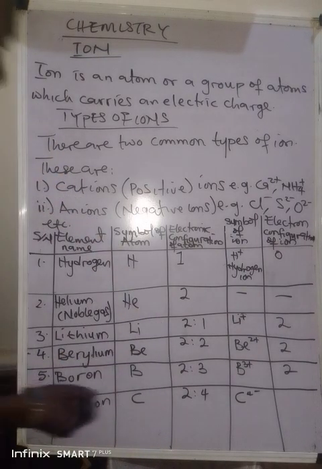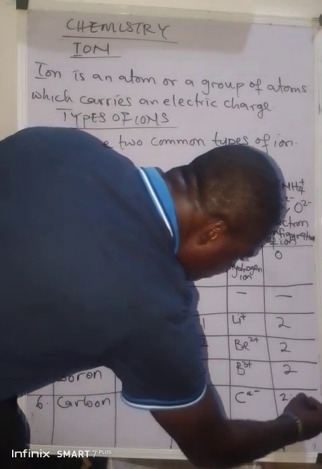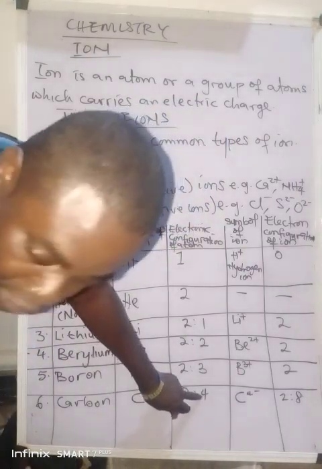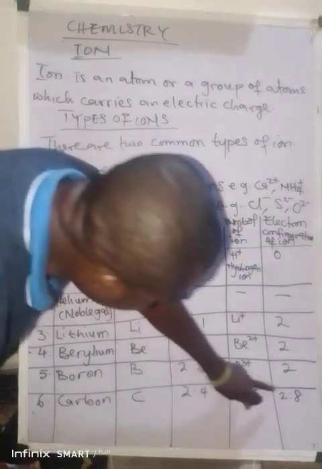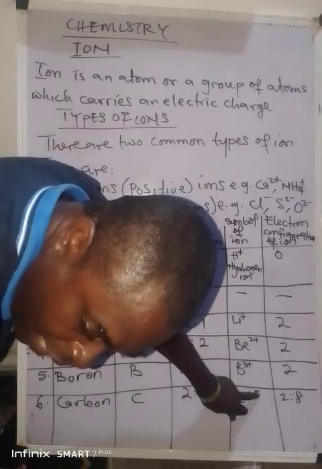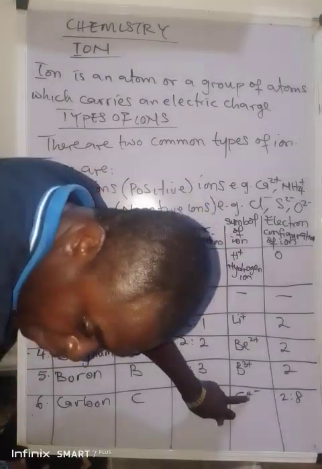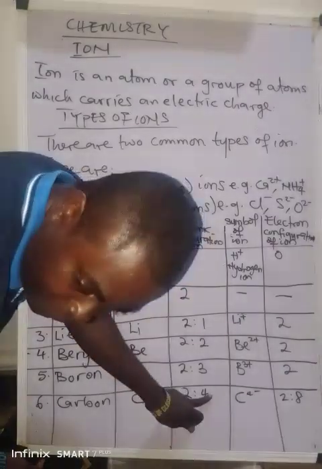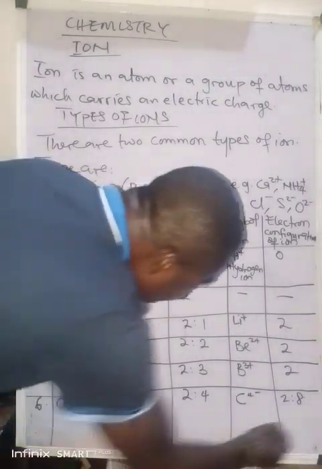Instead of 2:4, the configuration of this ion is now 2:8. This minus means sign of borrow. How many did it borrow? 4. This 4 does not mean this 4. It means what is added to this 4.